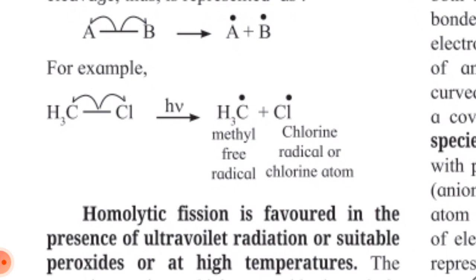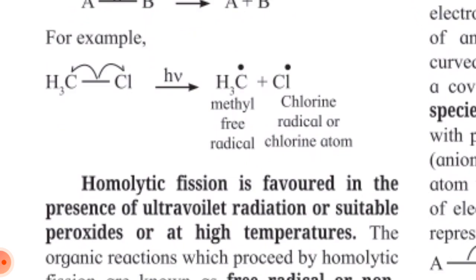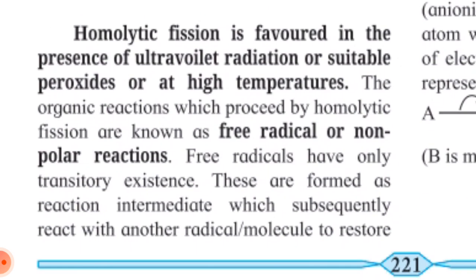For example, CH3Cl, methyl chloride, after absorbing light turns into CH3 dot, the methyl radical, a free radical, and a chlorine radical, or chlorine atom. Homolytic fission is favored in the presence of ultraviolet radiation, suitable peroxides, or at a high temperature.